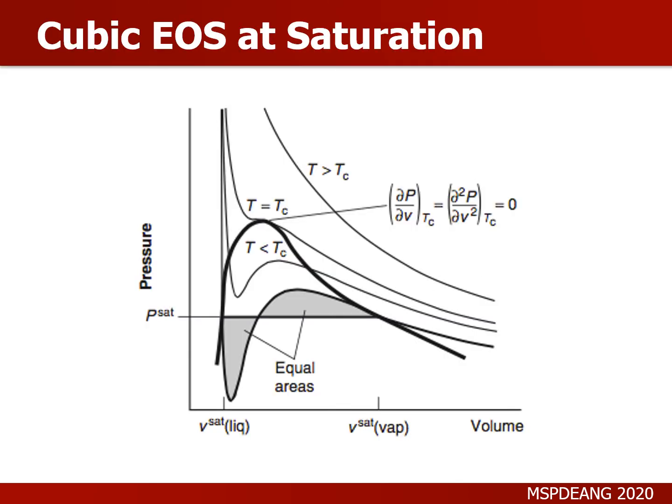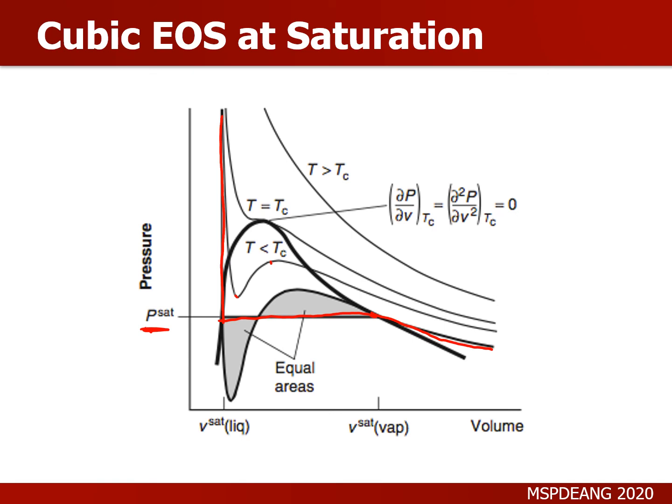Okay, so recall, this is our PV diagram. And to obtain the saturation pressure, below the critical temperature, we have a local minima and local maxima. Now, the real behavior should be something like this, then it flattens, and then it decreases. That is the real behavior of isotherms below the critical point.